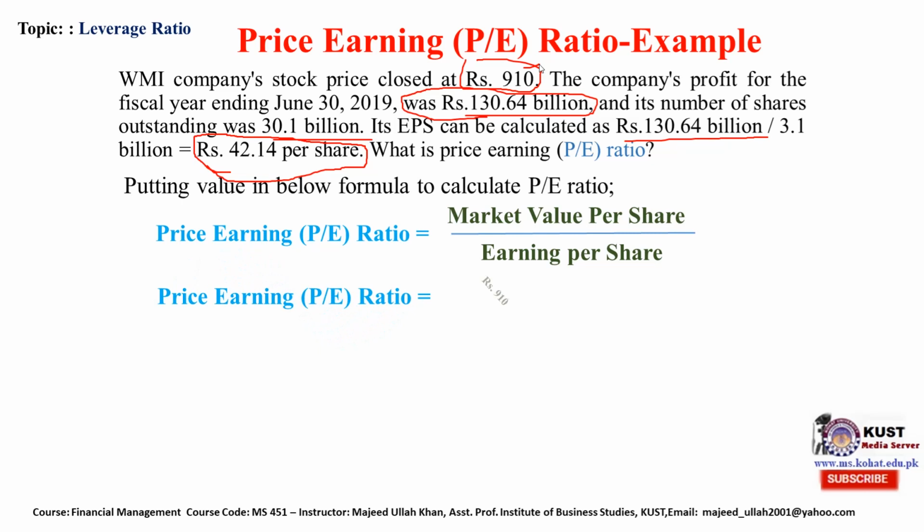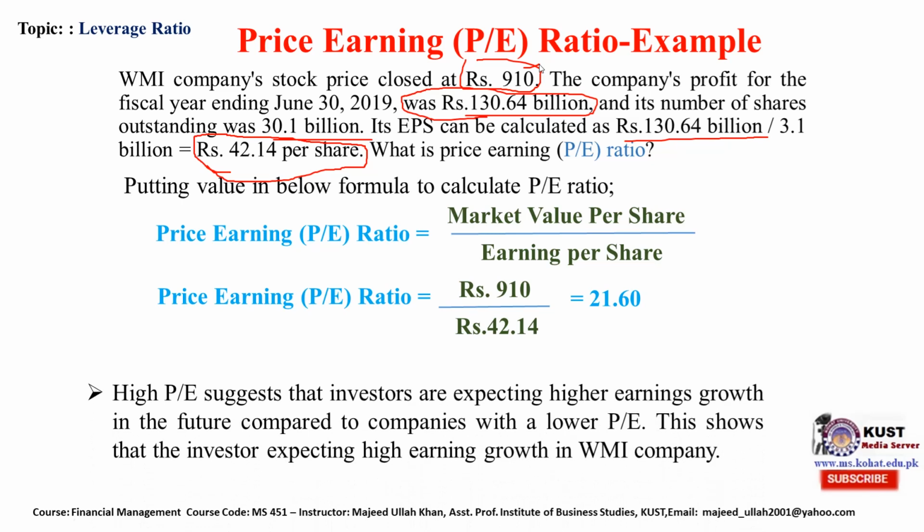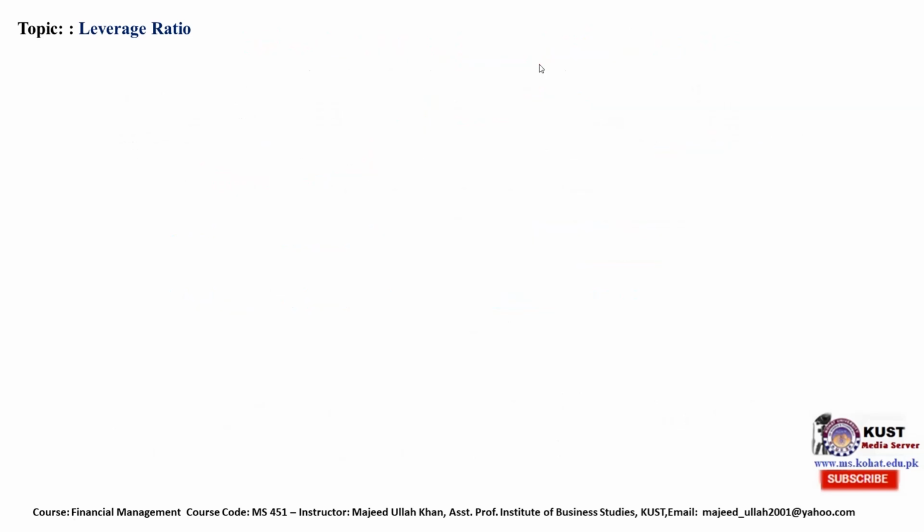Now we plug in the values. 910 divided by 42.14 is equal to 21.6 times. A high price earning ratio suggests that investors are expecting higher earnings growth in the future compared to a company with a lower price earning ratio. This shows that the investors are expecting high earning growth in WMI company.